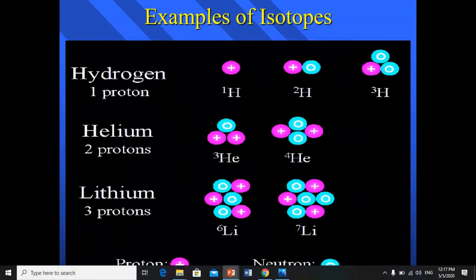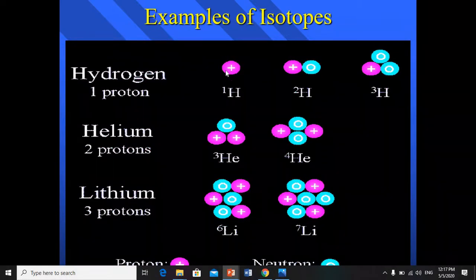Examples of them are like hydrogen. Sometimes you find hydrogen with one proton, and sometimes you find it with one proton and one neutron in the nucleus, and sometimes you find inside the nucleus one proton and two neutrons.